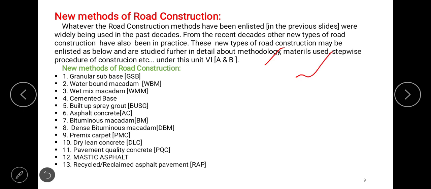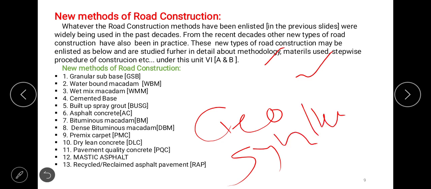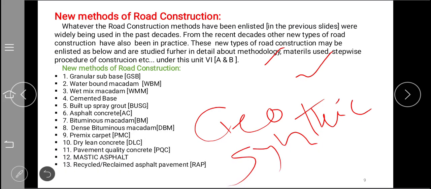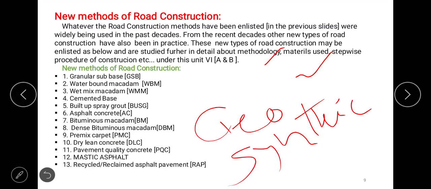For example, in road construction we will be going for geosynthetic material also. It has very good characteristic properties by means of which it is more useful to arrest the capillary rise of water or mud pumping in case of rigid pavement, etc.